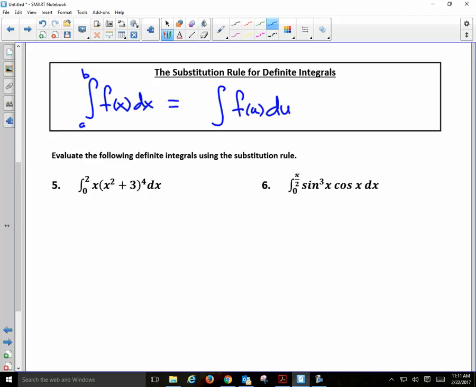Because here the bounds are x values, x equals a and x equals b. If we are going to change it to u, then we have to switch the bounds to u. So you take u of a and u of b. Whatever the function is for u, we plug in a and we plug in b, and it switches the bounds. That can actually save a little bit of time for us in the long run.